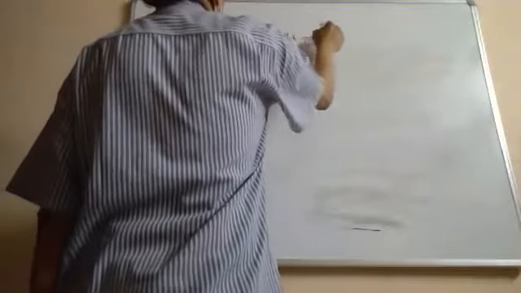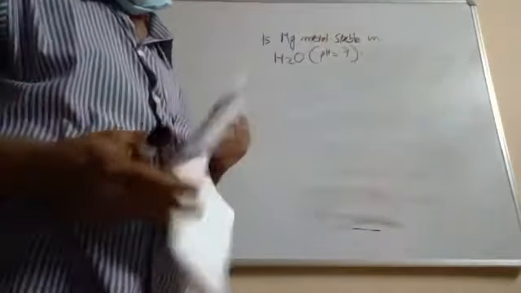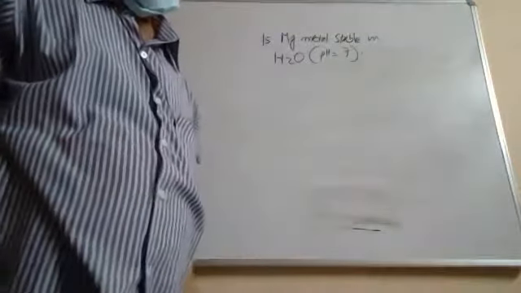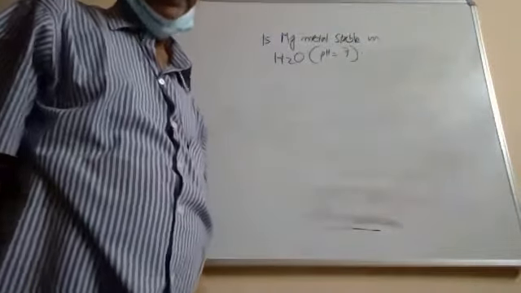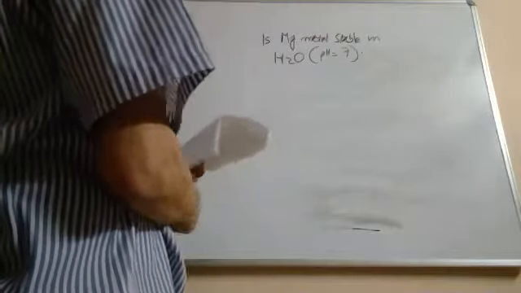So, for example, we want to know, is magnesium metal stable in water at a pH of 7? Okay. The information that you will be given is as follows.